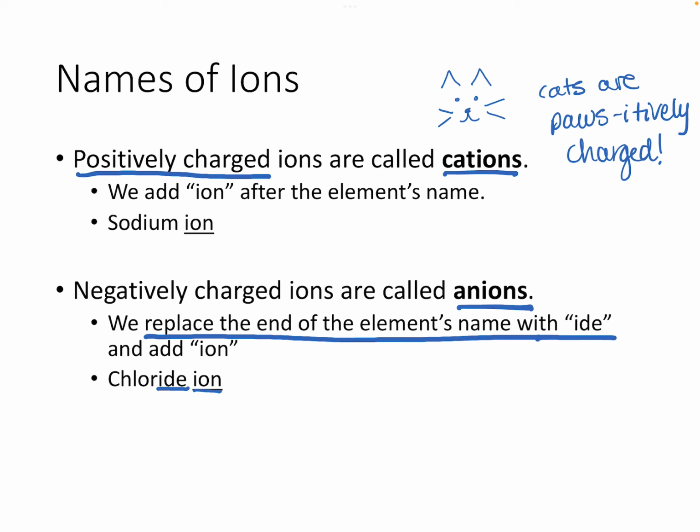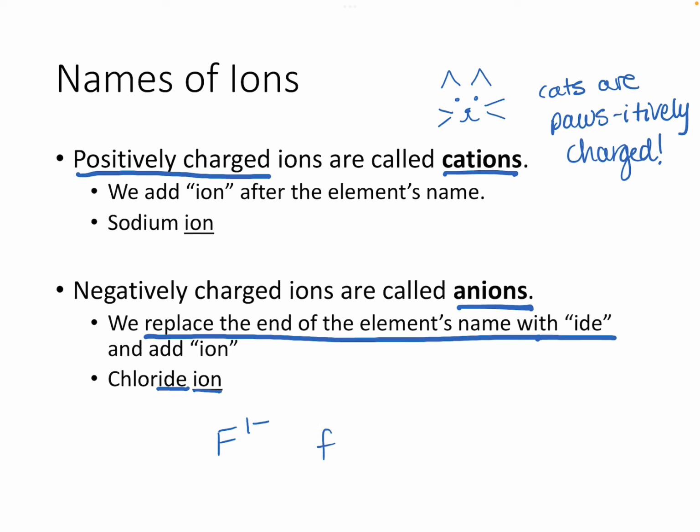So for example, let's say we have fluorine. Fluorine is similar to chlorine. It has 7 valence electrons. So it wants to gain an electron to become more stable and have a total of 8 in its valence shell. So that means it would have a 1- charge as an ion.